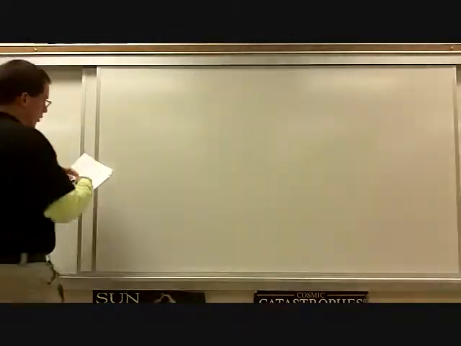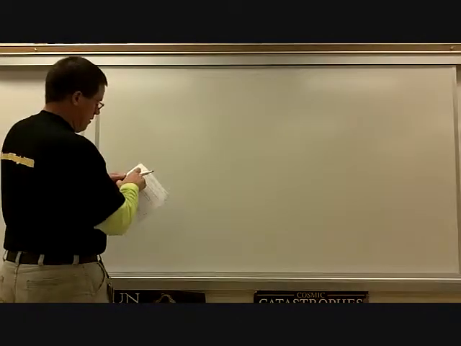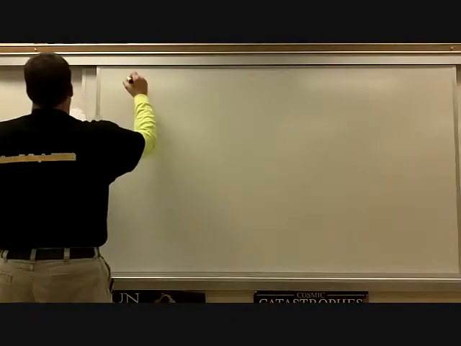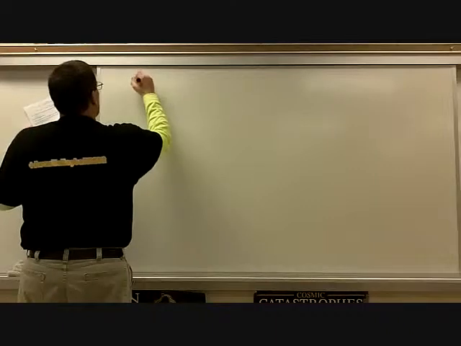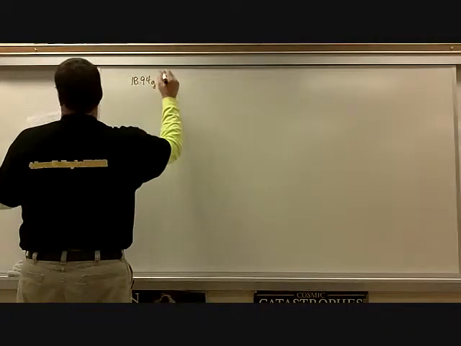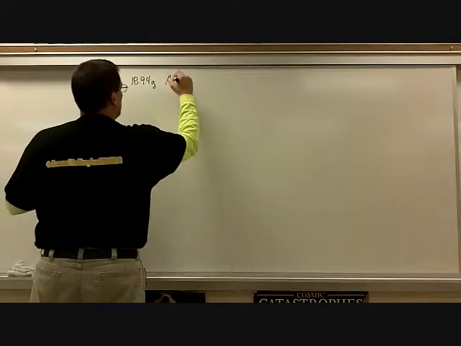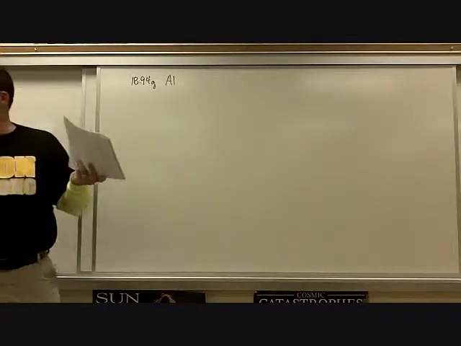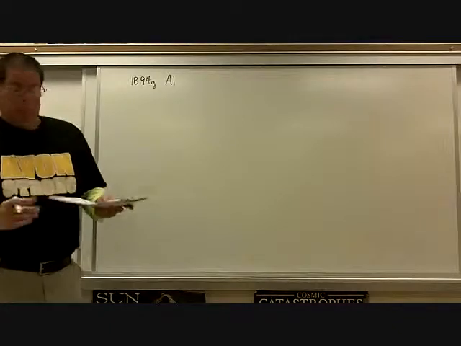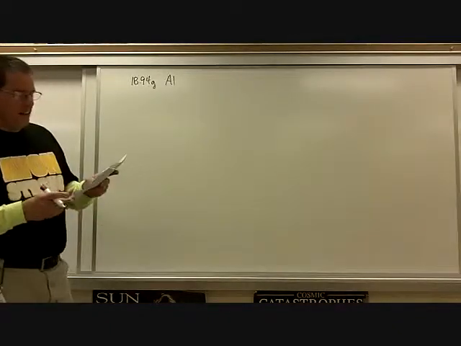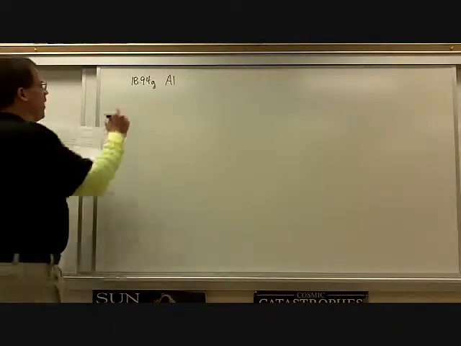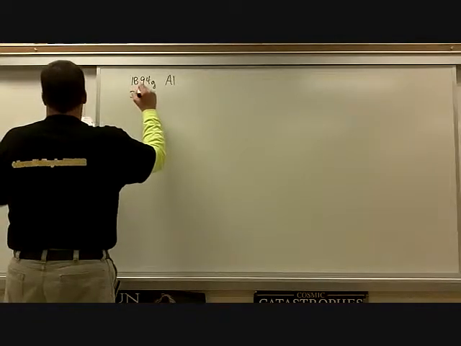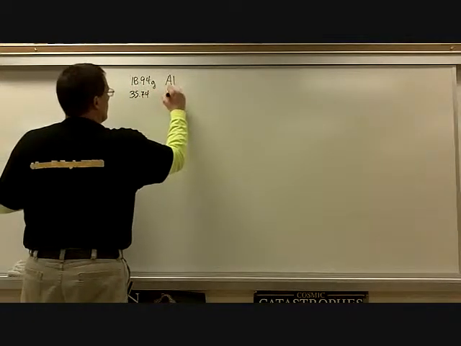Okay, so let's write this down. We have 18.94 grams of aluminum metal, so Al. It doesn't do anything with the iron oxide, which is kind of fun. It says iron is produced along with 35.74 grams of aluminum oxide.